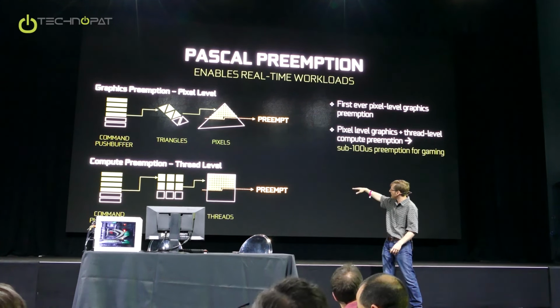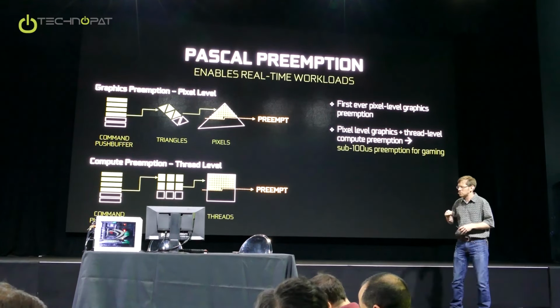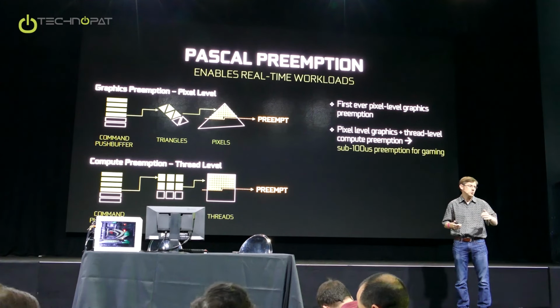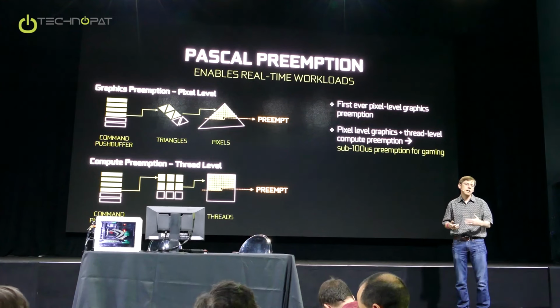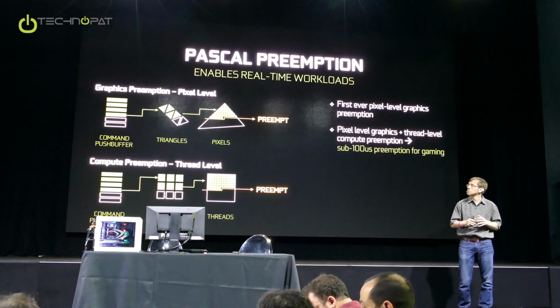We're running a grid, kind of halfway through it. We don't have to finish the whole grid. We'll finish the threads that are running, then get off the machine. So we preempted at the thread boundary. That's much more deterministic preemption for compute than if we had to flush at a higher level of the design. That's what we had for compute.